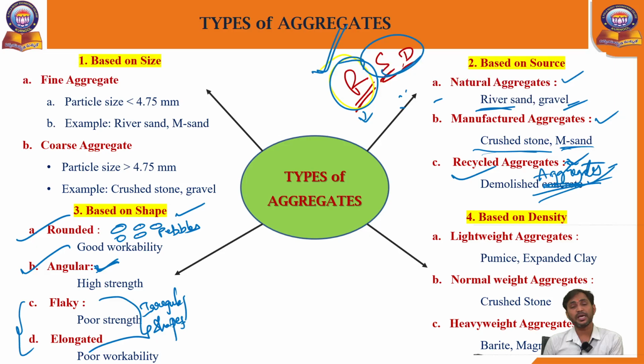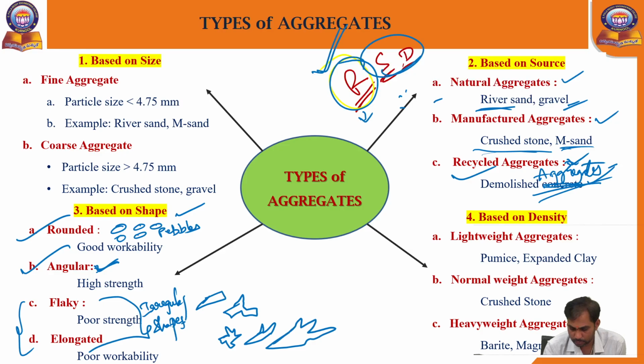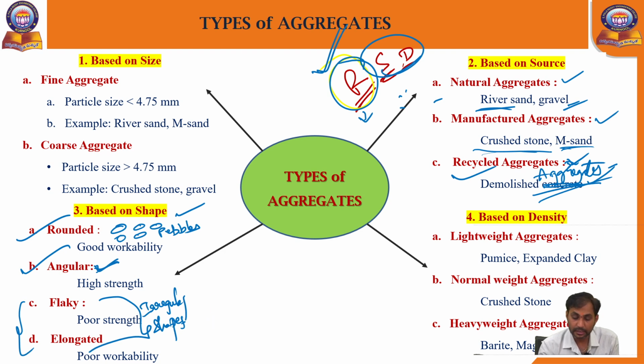Now, based on shapes, rounded shapes are the pebbles, which are available as rounded shapes. Next, angular means the surface of an aggregate has more angles. Different angles are provided in those aggregates.